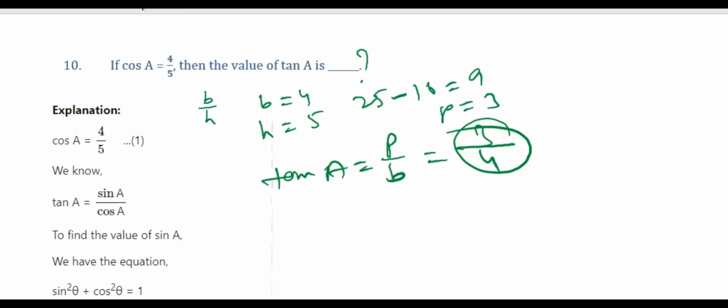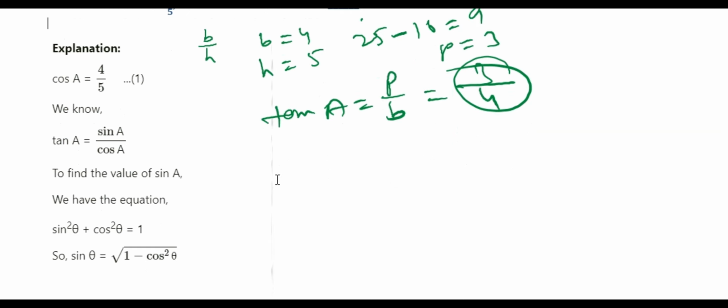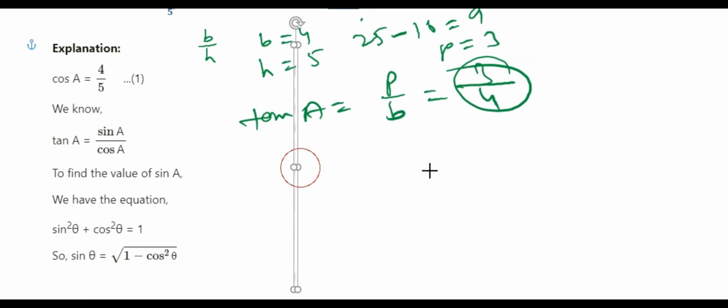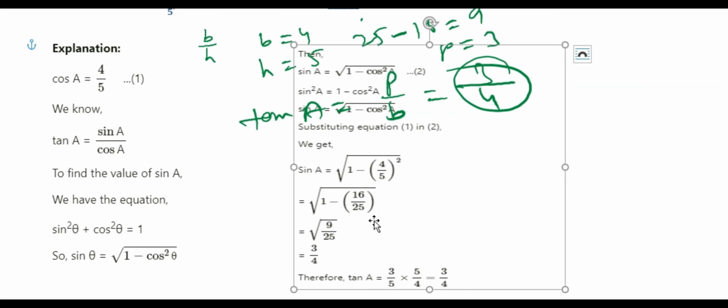If you see this question as a 2 marks question, then you can write it like this. Here is the explanation. I am expanding it, you will put it like this and you get this.